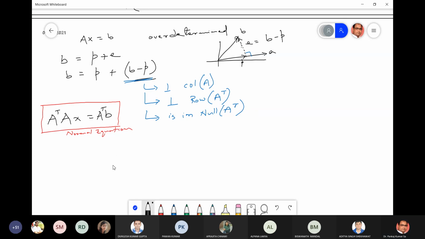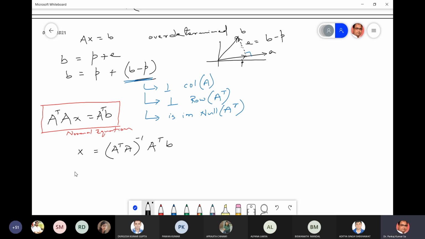So let us explore this one further. From this normal equation I can get x equal to A transpose A inverse A transpose b.